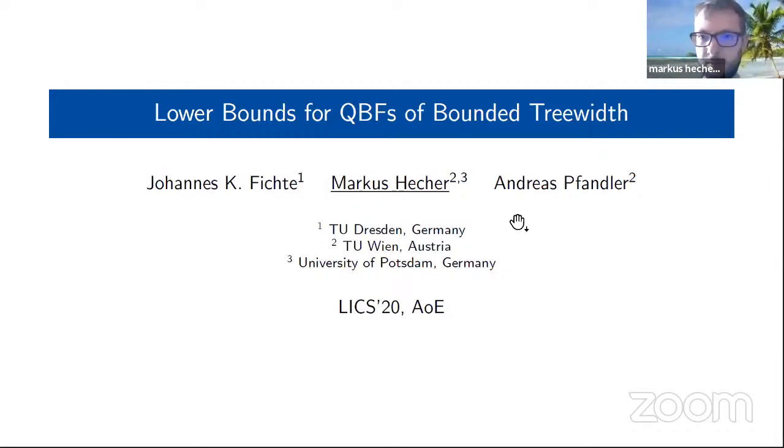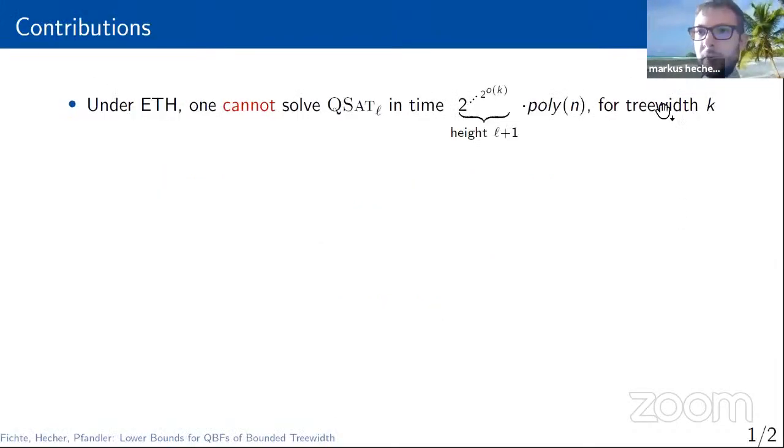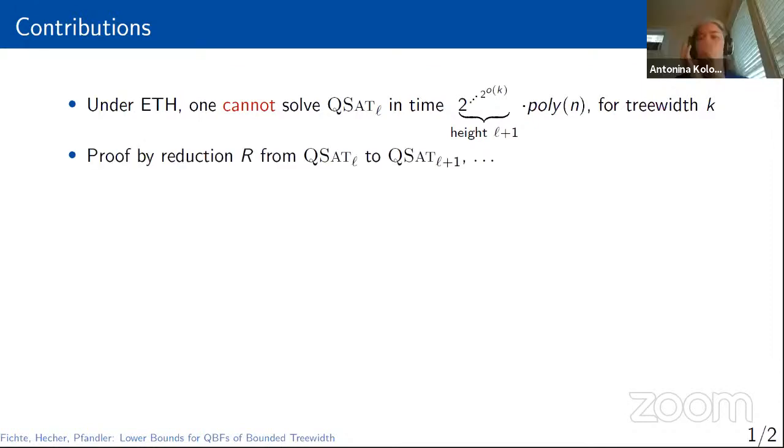We showed that under the exponential time hypothesis, it is not expected to solve the validity of a quantified Boolean formula restricted to quantifier rank L in time better than L-fold exponential in the treewidth. The treewidth is K here, while still staying polynomial in the instance size N.